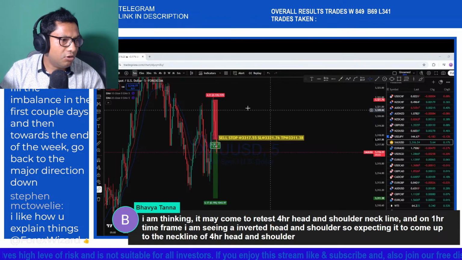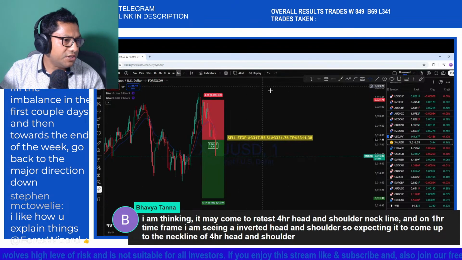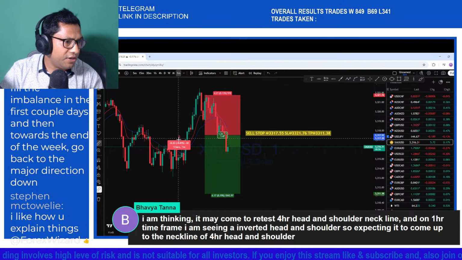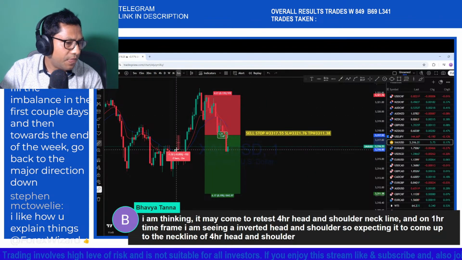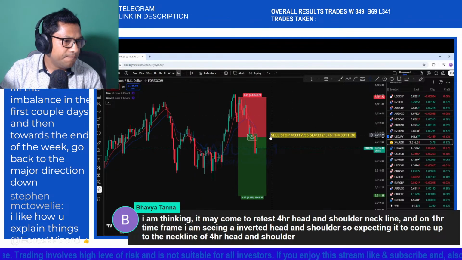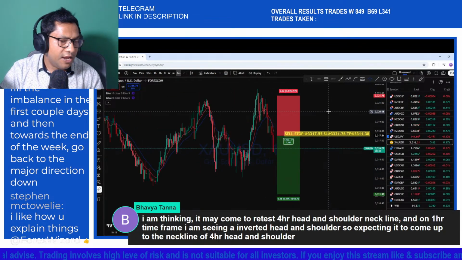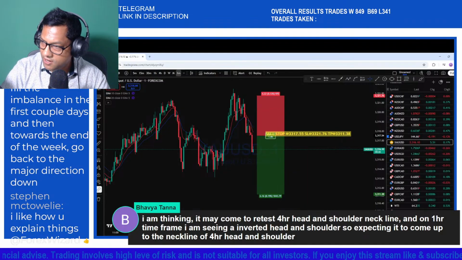So we are on the trade here. It's a sell trade running in profit, 15 pips profit. As we discussed, I am on the trade holding on to that, and let's keep that on.